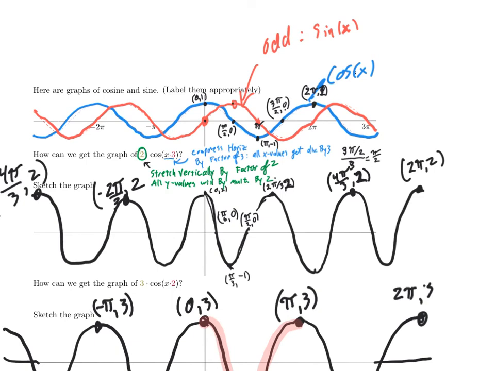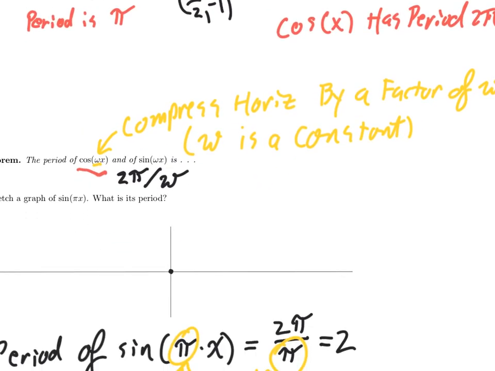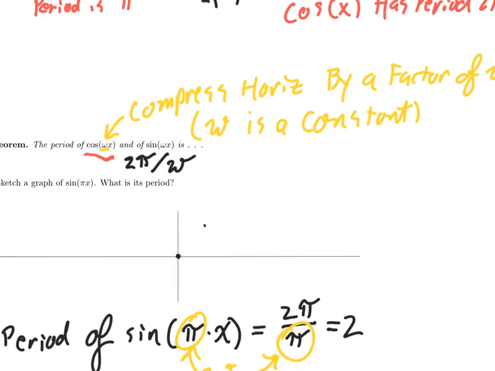This point right here will be pi over 2, 1. The y value will stay the same, and the x value gets divided by pi. Pi over 2 divided by pi is just 1 over 2. The next point that the graph of sine goes through is pi, 0. Well, pi divided by pi is 1.